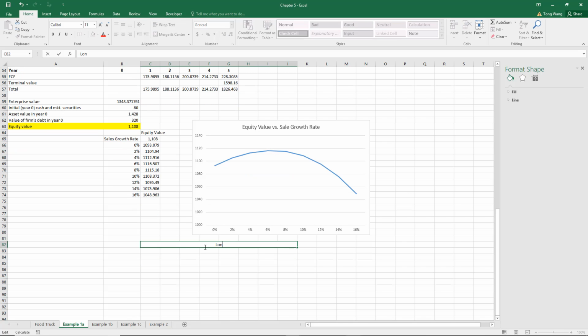I'm going to put long-term growth rate here, and let's say it could go from 0%, increase by 2%.